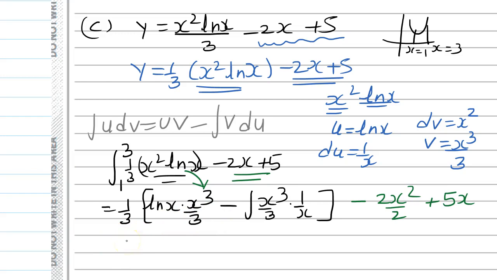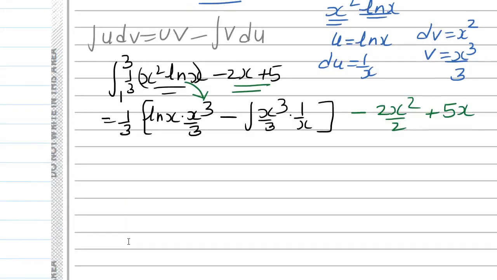If we solve this, it will be integration 1 to 3. Okay, so it is x cube over 9 ln x, multiplied by 1 by 3, minus x cube over 27. Yeah, because 1 x will be cancelled, so if you integrate, it will be x cube over 3.